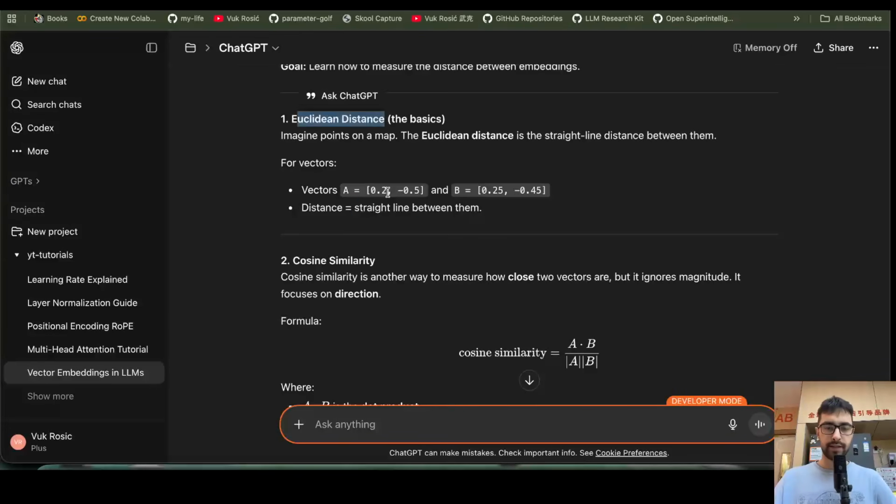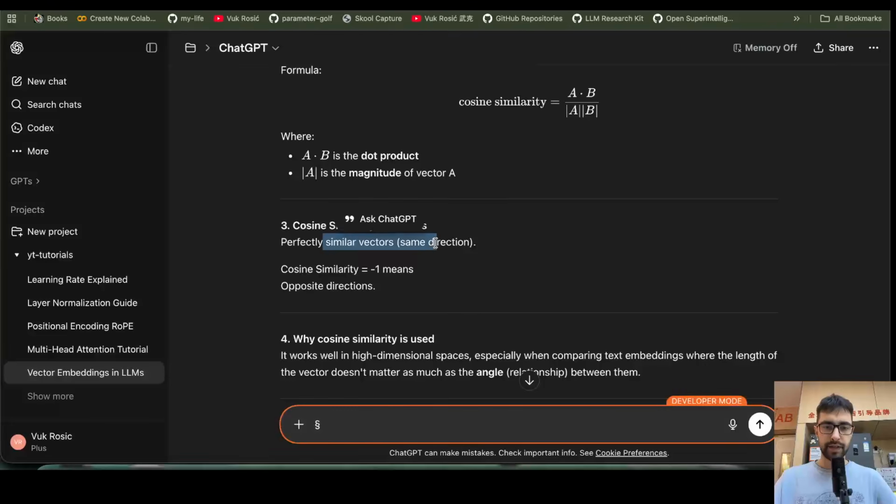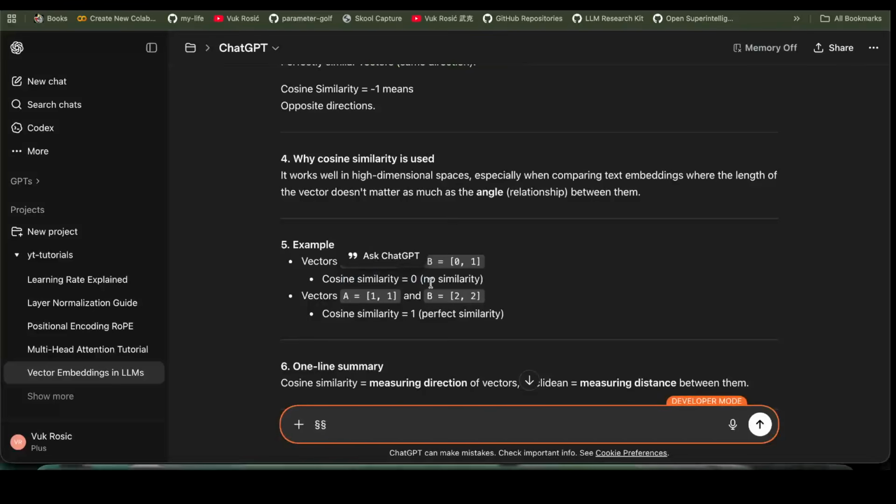It's Euclidean distance. If cosine similarity is 1, it means they're perfectly similar vectors. Here is an example of 1, 0, and 0, 1. Here cosine similarity is 0, there is no similarity. And 1, 1, and 2, 2, it's 1 because they overlap.